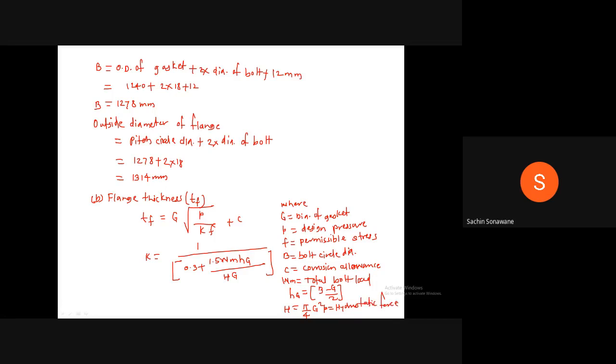Therefore, we will calculate first of all the value of K. Value of K is equal to 1 divided by 0.3 plus 1.5 into 4,24,000 into 1310 minus 1220 divided by 2, divided by pi by 4 into 1220 square into 0.33 into 1220.